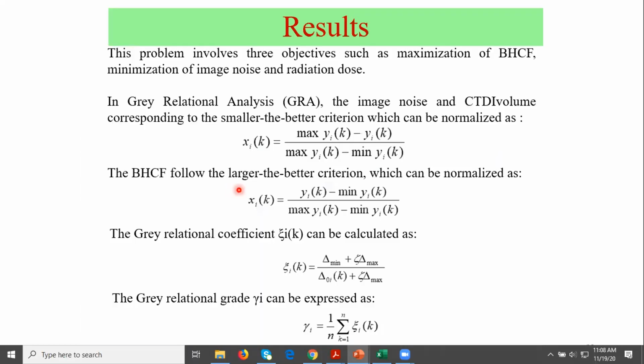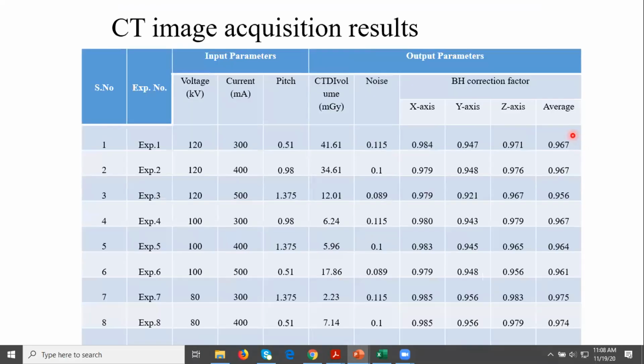By using this formula: maximum yik minus yik, over maximum yik minus minimum yik. Here I'm taking the beam honey correction factor. Suppose I'm taking the image radiation dose. Whatever the maximum value is there, 41.61 is the maximum value.